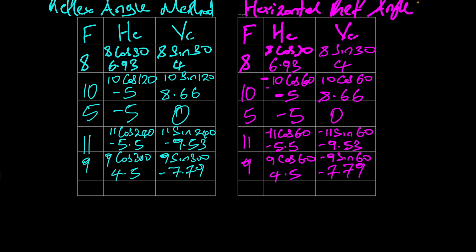I'm just going to sum one column because we have the same values here. For horizontal components, we get negative 4.07, and for vertical components, negative 4.66. It would be the same answer on the next table, so no need to sum that up. Let's just go through the motion of finding the magnitude and the resultant now.